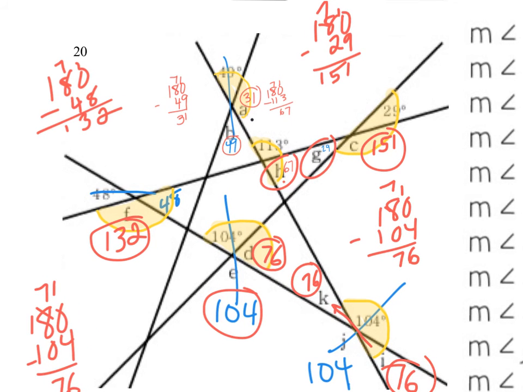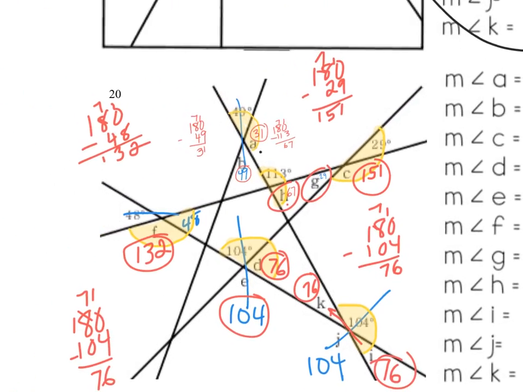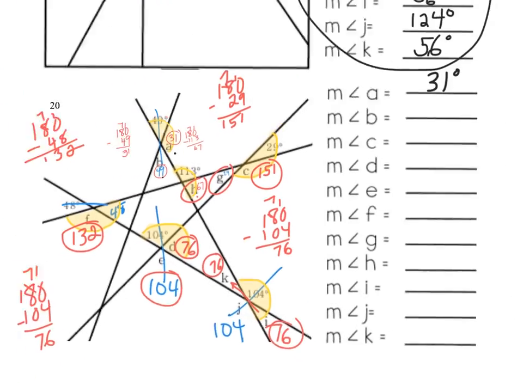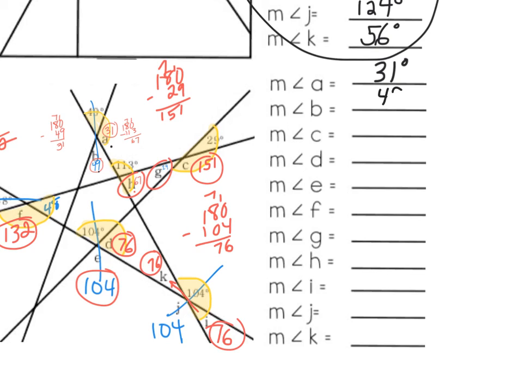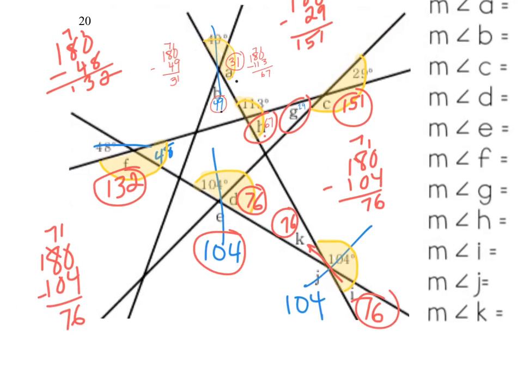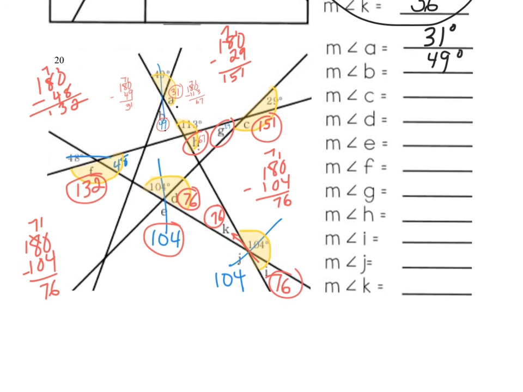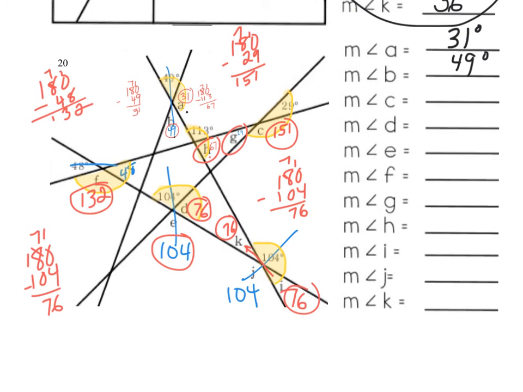Let's see B. Oh, right here. 49. And C is right here, 151. D is right there, 76. E is right here, 104.